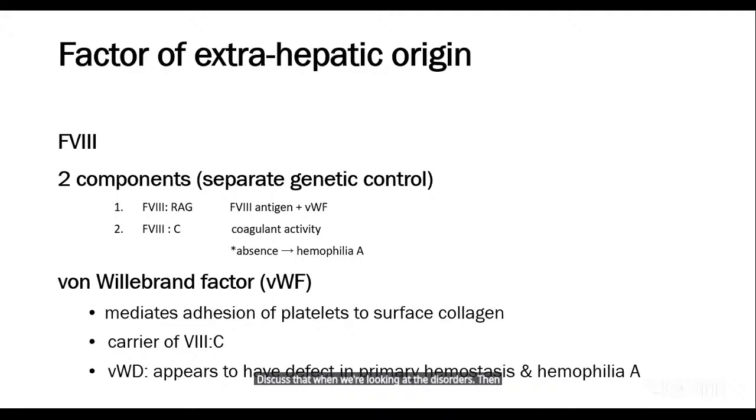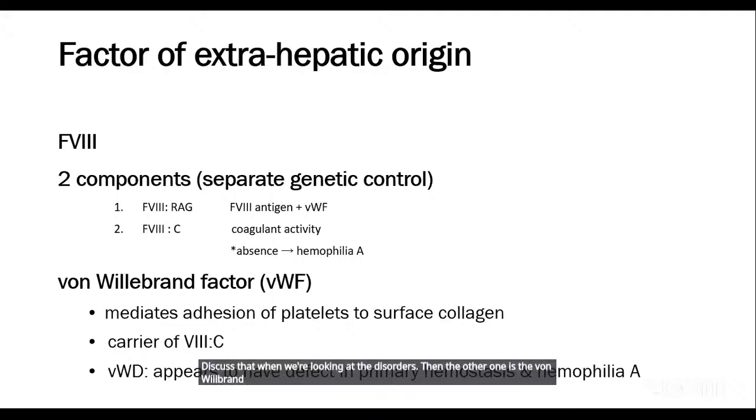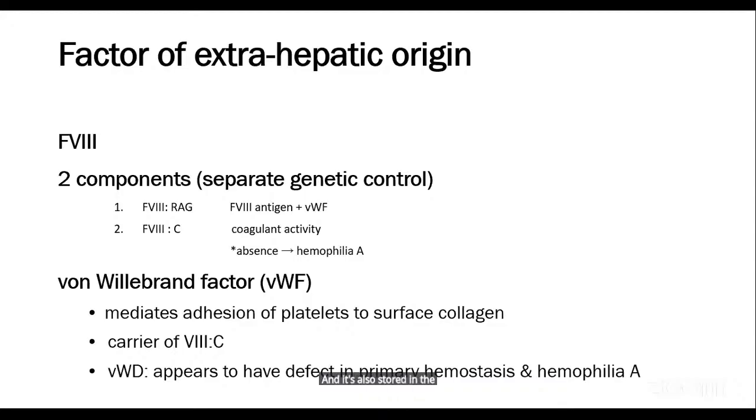Then the other one is the von Willebrand factor, which we said is produced actually by the endothelial cells, and it's also stored in the platelet granules and released when there is need. So what is the function of von Willebrand factor? One, it mediates adhesion of platelets to surface collagen.